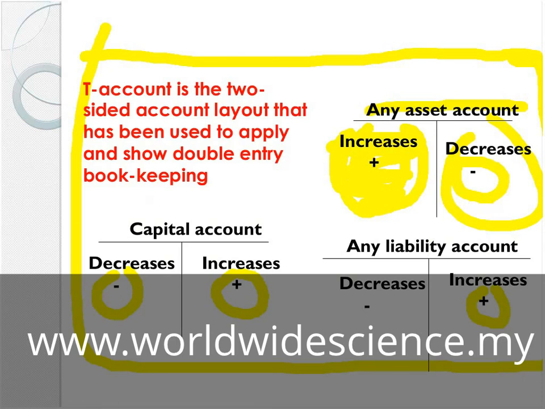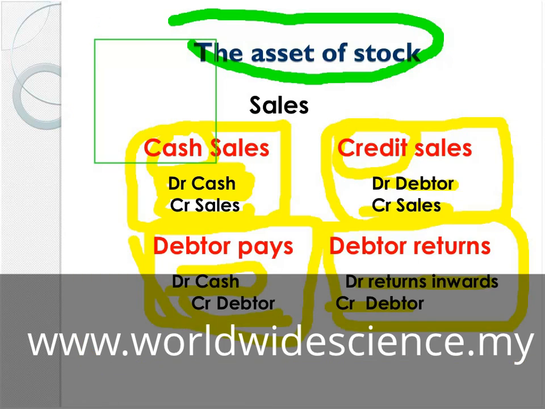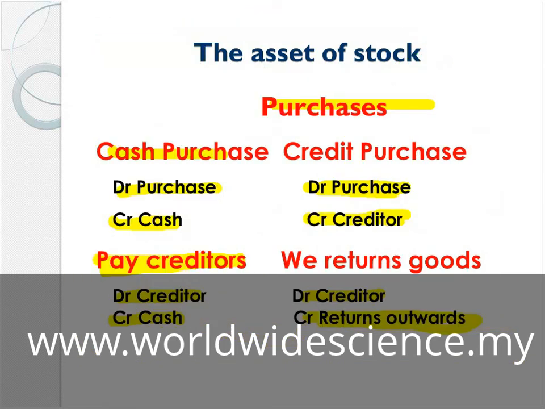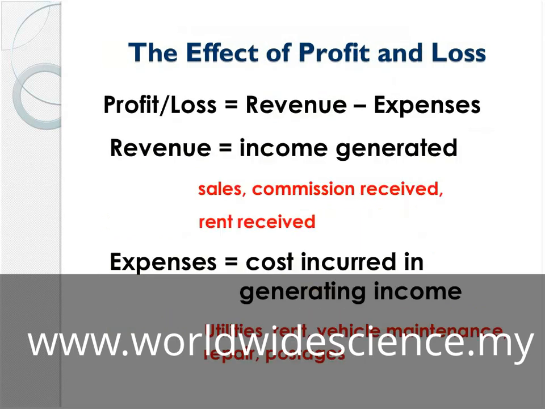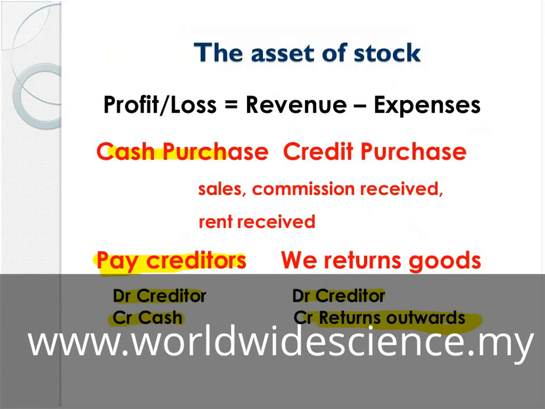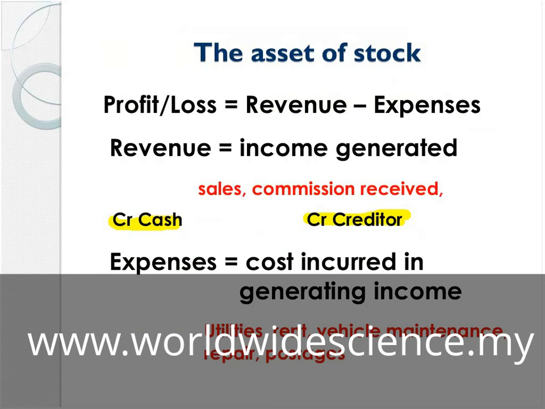So these two rules have a relationship with these transactions, with the sales transactions and with the purchase transactions. Here I just want to give you some detailed understanding, and we will come back to the transactions.